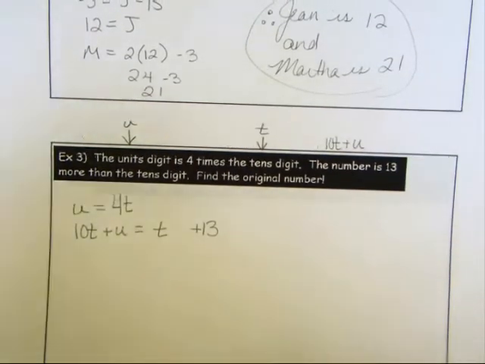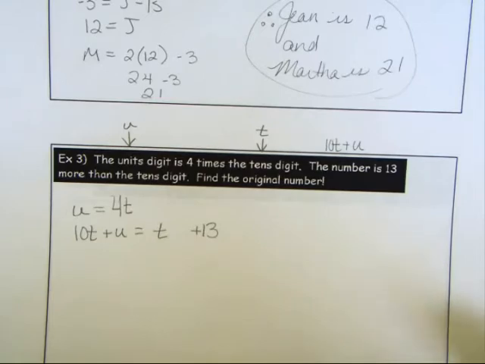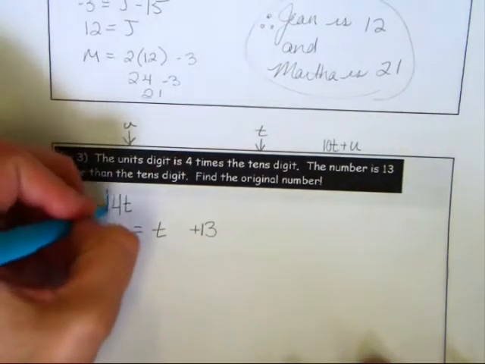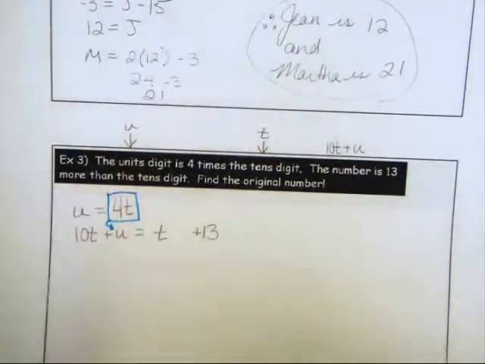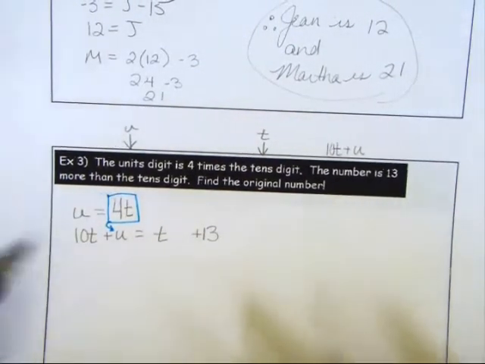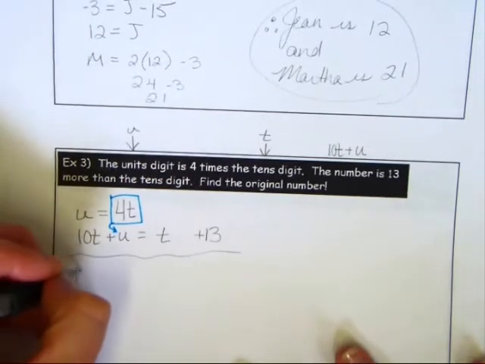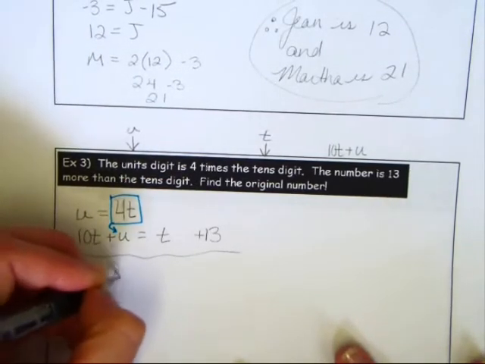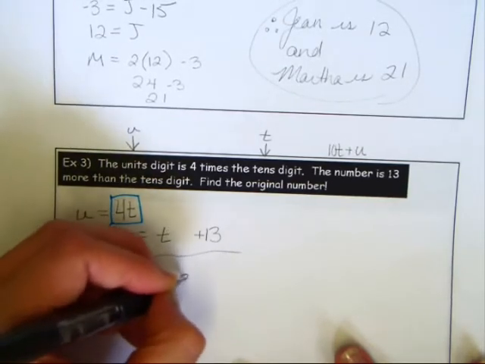Look what this one really is. What's very easy to use: graphing, substitution, or linear combination? I hope you're thinking substitution. Here we go. The u goes away and 4t goes in. So I get 10t plus 4t equals t plus 13.